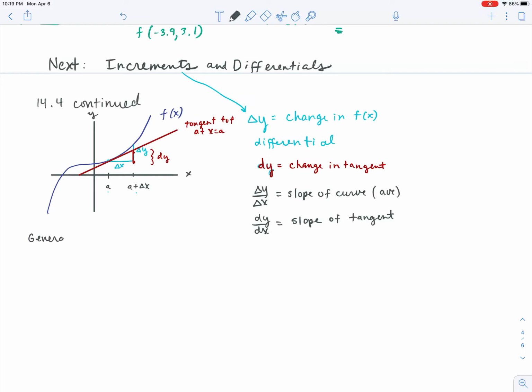Okay, so generally, differentials are infinitesimal, which just means really small or approaching zero. And we usually use the change in x and change in y to show bigger values in practical applications.